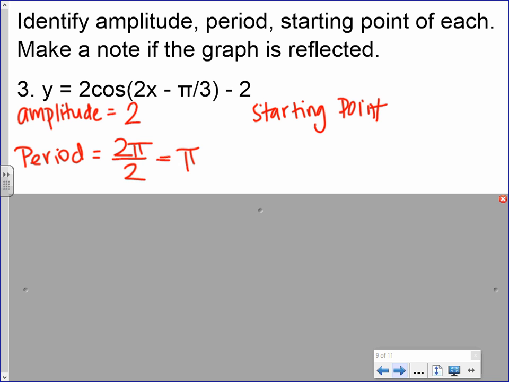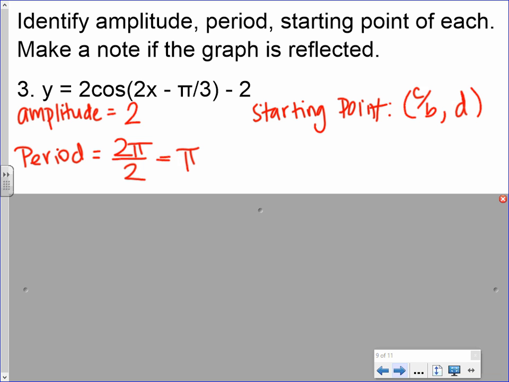Okay. Now, Callie, what did I tell you that our starting point was going to be? It's C divided by B. Okay, C divided by B, comma D. All right. Remember that it is BX minus C. Remember, everything inside of our parentheses ends up being opposite.